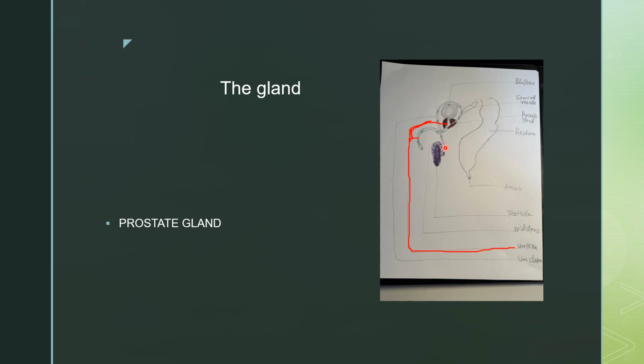Now, the vas deferens will go through and reach the seminal vesicle, then empty into this long one called the urethra, okay? And the urethra, you can see, is passing through the prostate itself. And then the urethra will go through the penis and then empty outside.